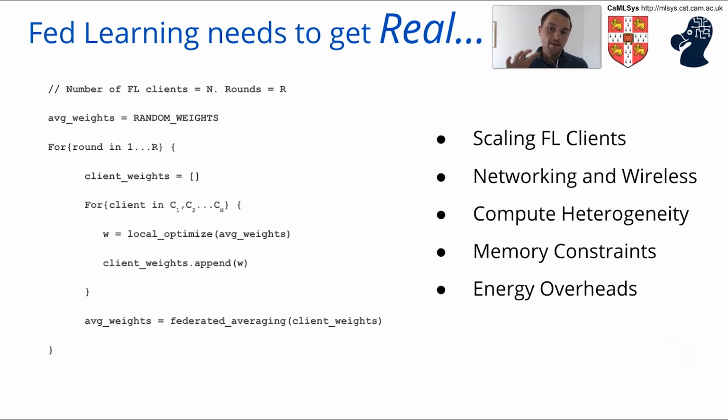If you have a case of a flagship, latest and greatest smartphone contributing alongside a tiny embedded ARM processor, for example. These clients are going to be linked over networks. If they happen to be linked over wireless networks, we know that there are going to be fluctuations in speed and stability. There's going to be energy implications. So none of these types of factors are going to be accounted for in this type of evaluation.